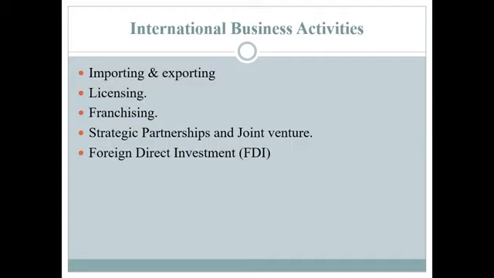The licensor allows another firm, in the sense a firm from another country, to use their brand name, copyright, patent, technology, trademark, such type of intellectual property, for a specific period.